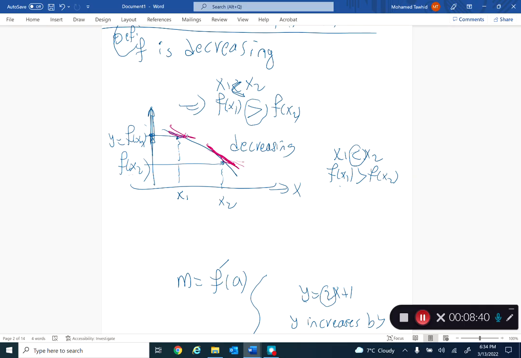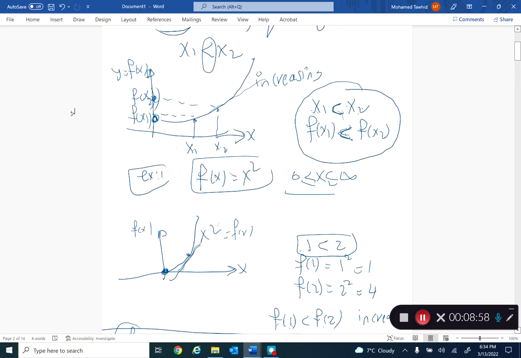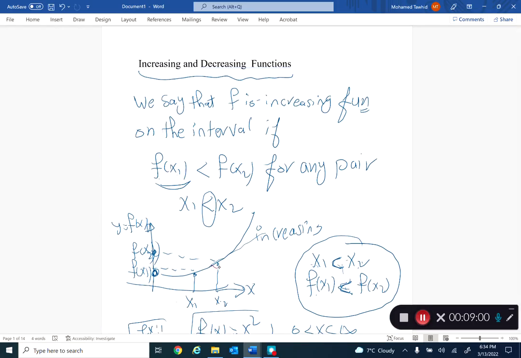And the slope of a nonlinear function is nothing but your derivative at a specific number. At a, it could be x2, it could be x1. If I take the tangent line, the slope of the tangent line for your decreasing nonlinear function is going down. And for the increasing function, if I take the tangent line, it is going up, so the slope is positive.